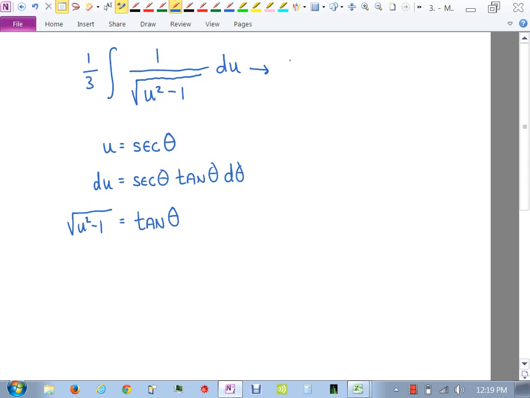Okay, the integral is going to become 1/3 integral 1 over the square root of all that junk, which is tan theta, right? Oh, beautiful. And then du is secant theta tangent theta d theta. Tangents cancel.